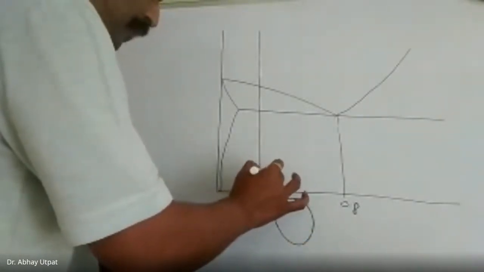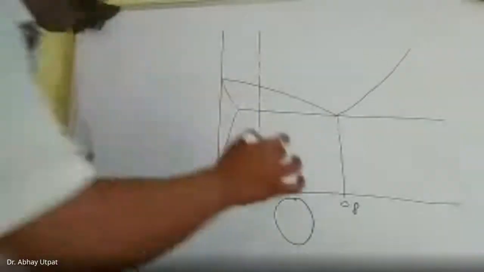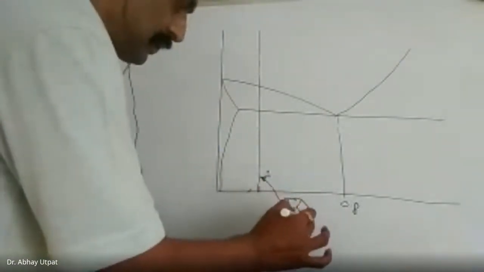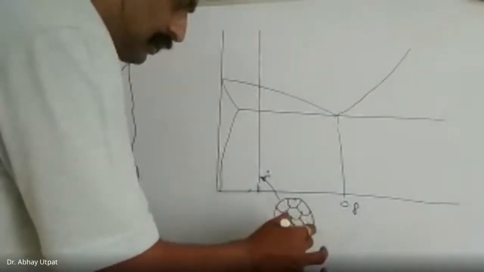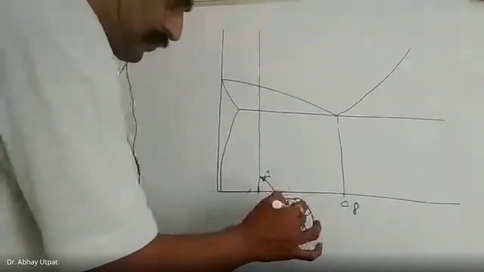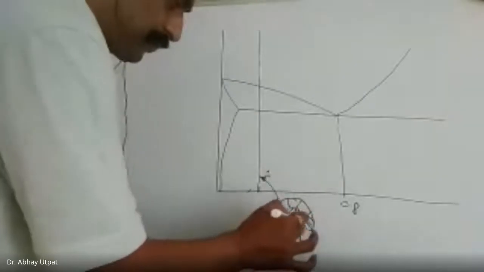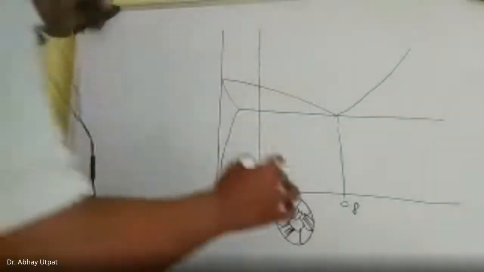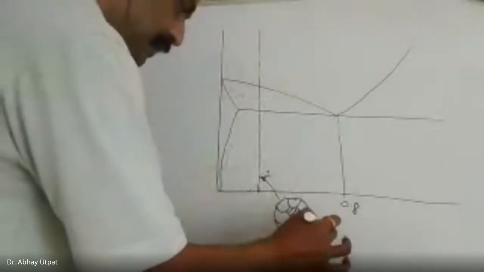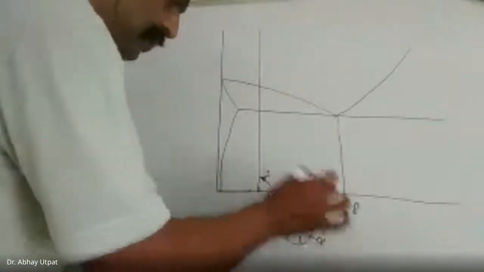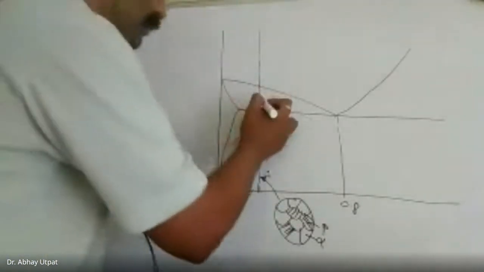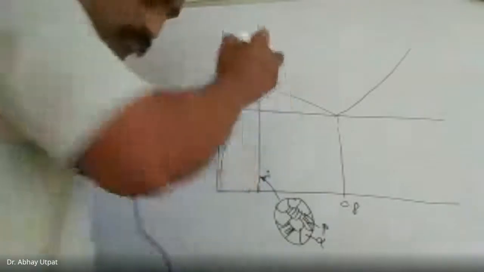I will name it point number 1. So for 0.2% carbon steel, I am showing a little coarser alpha plus P. Drawing this way. This is P and this is alpha. You are at room temperature. Now I will come to point number 2.